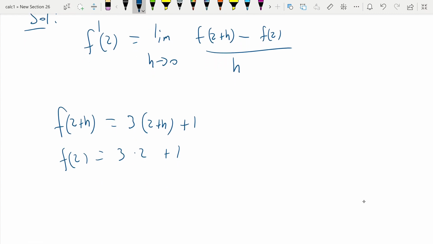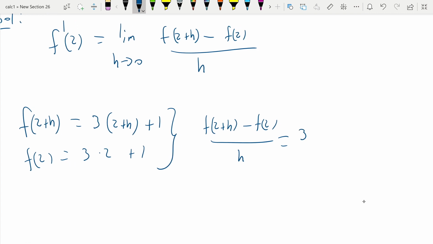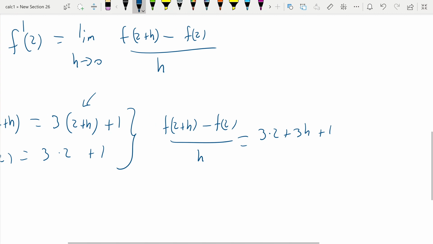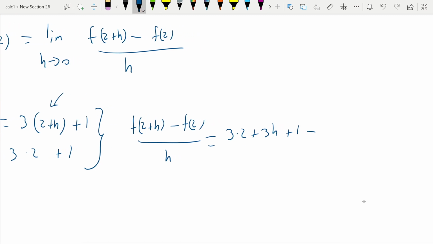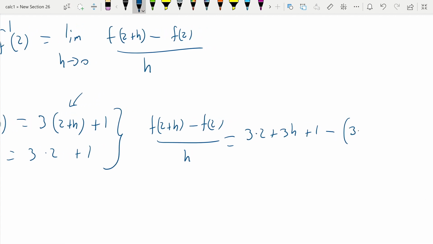And so this implies then that the quotient f of 2 plus h minus f of 2 divided by h is going to be equal to, if we expand here, we get 3 times 2 plus 3 times h for the first term, plus 1. And be careful with the sign. You have to subtract 3 times 2 plus 1, so everything is inside the parentheses.